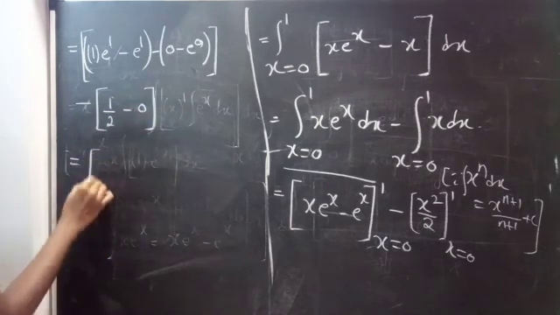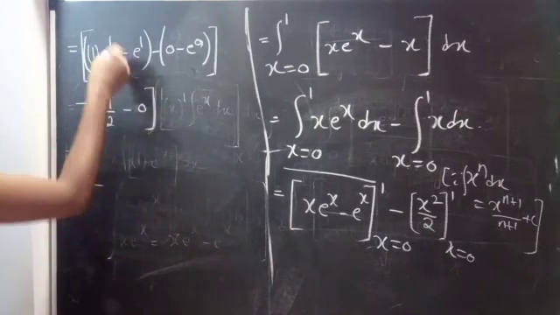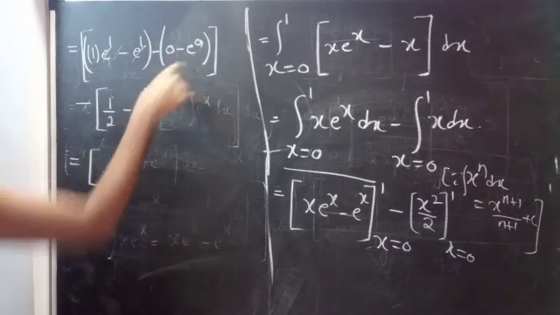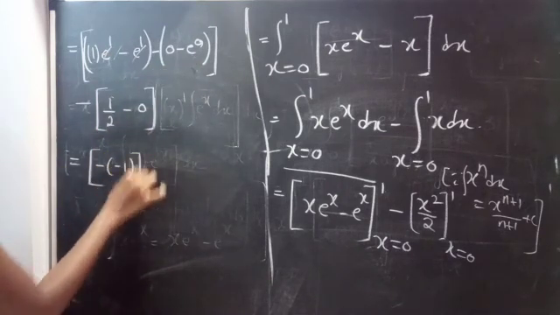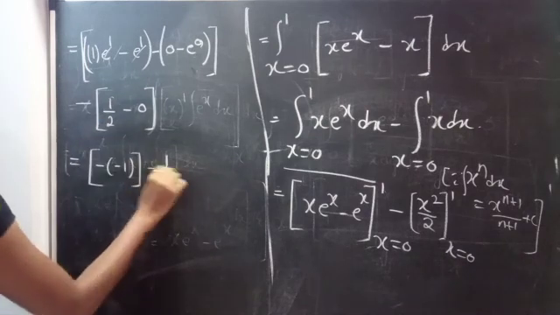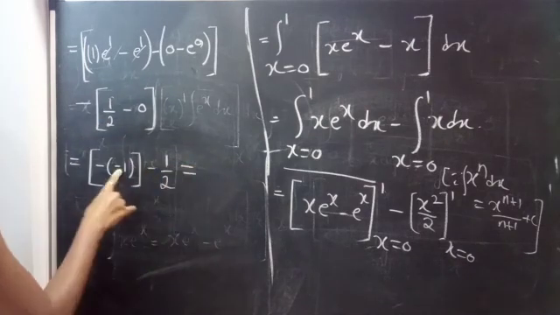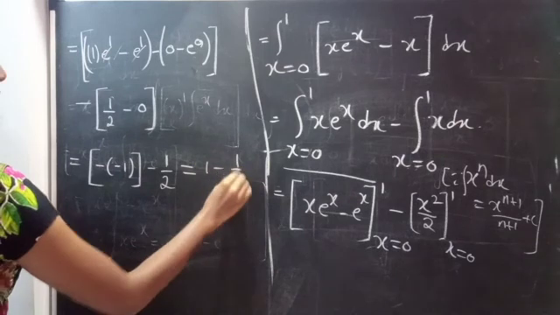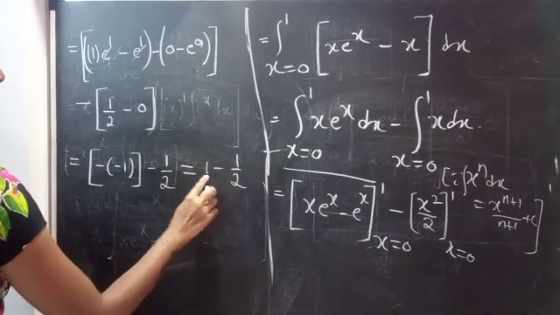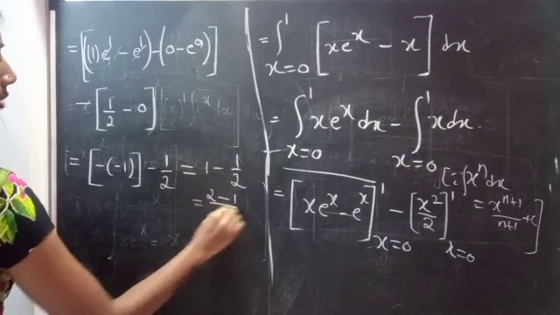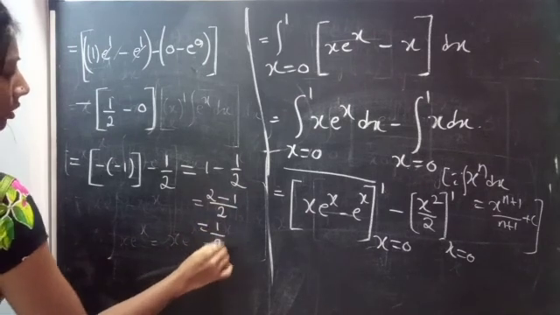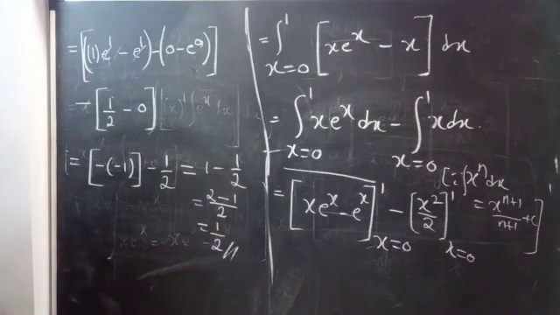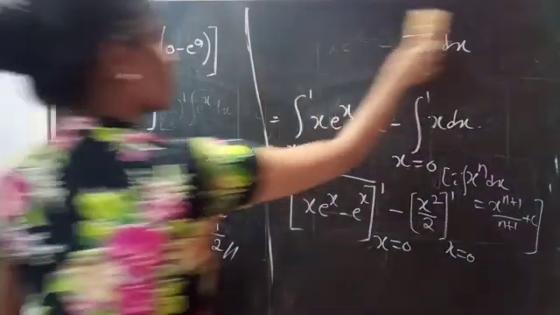So e gets cancelled, e power 0 is 1, so minus of minus 1, minus 1 by 2. So this equals 1 minus 1 by 2. So this is 2 minus 1 by 2, which is 1 by 2. 1 by 2 is your answer.